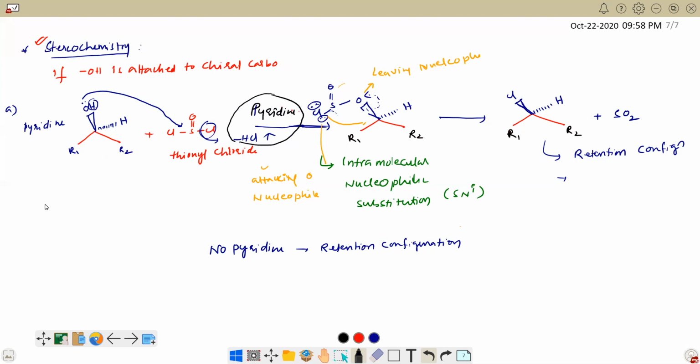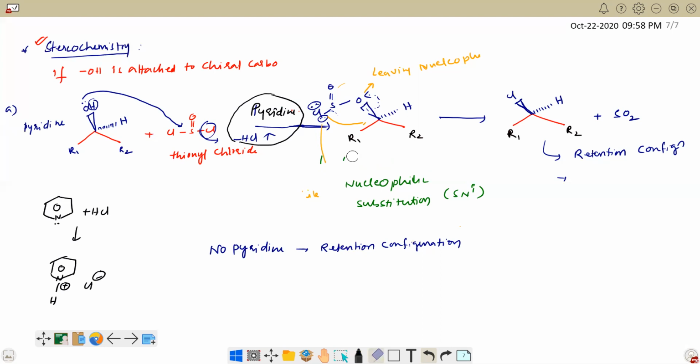Here pyridine, the formula is this base, right? Plus HCl. So it forms a pyridinium salt. So it is nitrogen, this is hydrogen plus, and Cl minus. Correct? In the presence of this pyridine, what happens?